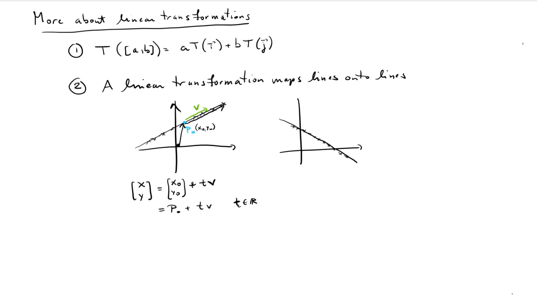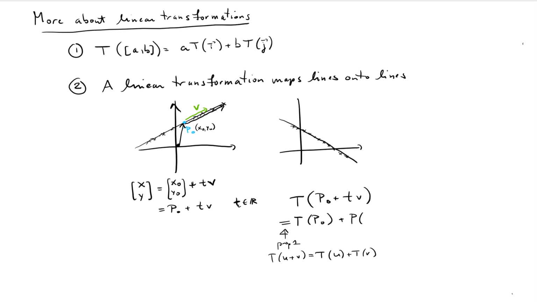Now let's take a look at how these points get transformed. I take any point, P0 plus tv, on that line, and I look at where it gets sent. Using property 1, if I'm adding two things together, I can break it down into the linear transformation evaluated at each of them, and then add those up. So this is T of P0 plus T of tv, and tv is a vector.